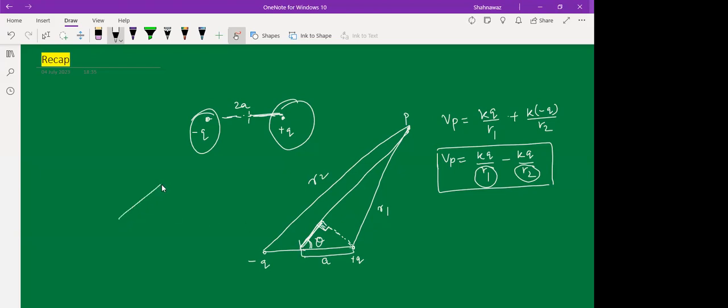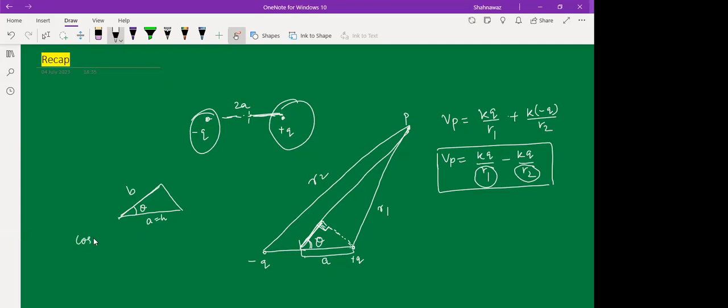Let us draw this diagram here. So this is the diagram. This is A. This is theta. Okay. So you see that this is base. This is hypotenuse. Which trigonometric ratio relates base and hypotenuse? Cos.